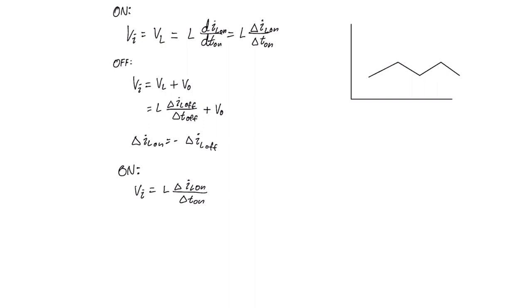So we can write the delta T on, the change of time when it's on, is equal to the duty cycle multiplied by the period, which means that this is equal to L multiplied by the change of current when it's on divided by the duty cycle multiplied by the period. So if we move the L and the dT over, we would get IL on is equal to VI multiplied by dT and then over L.